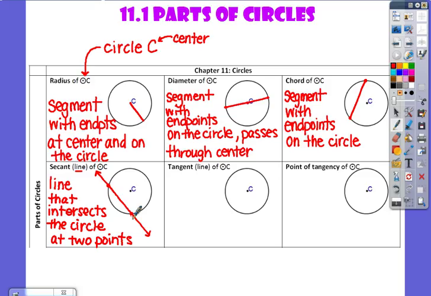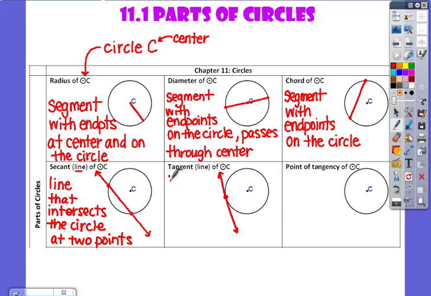We've got another type of line, and guess what? This line doesn't intersect the circle at 2 points. It intersects the circle only at 1 point. You know how sometimes a wheel's rolling on the ground, it would only touch just at that very bottom part. So you pick any point on the circle, and you can draw a tangent line as long as your line only touches the circle at that 1 point. That's called a tangent line.